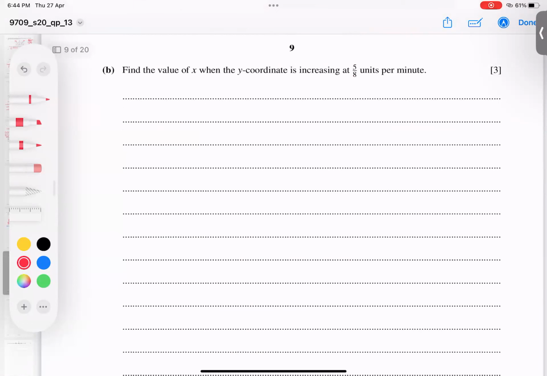He's saying find the x value when the y coordinate is increasing by this. He said dy over dt is given as 5 by 8. I repeat my words. What he's asking us, students, is that if y is increasing by 5 by 8, find the x value.